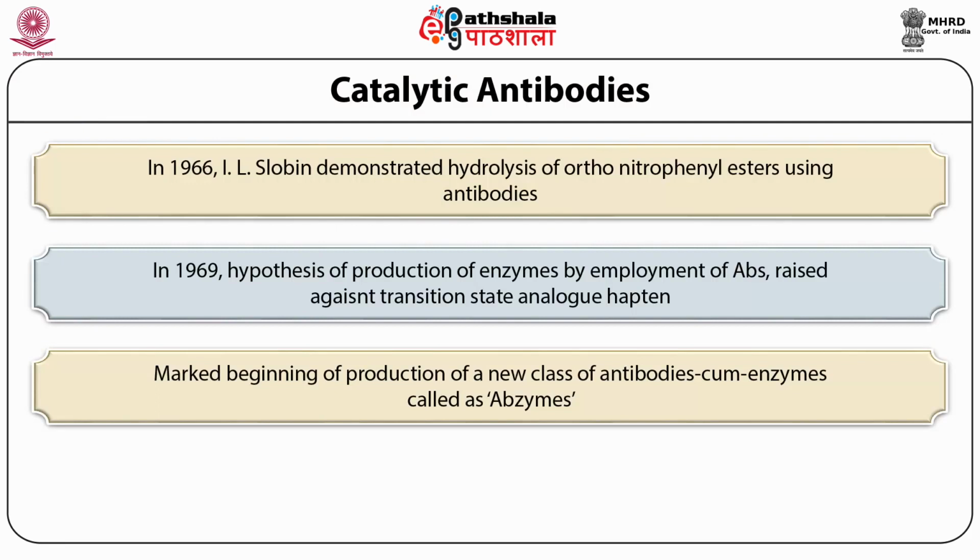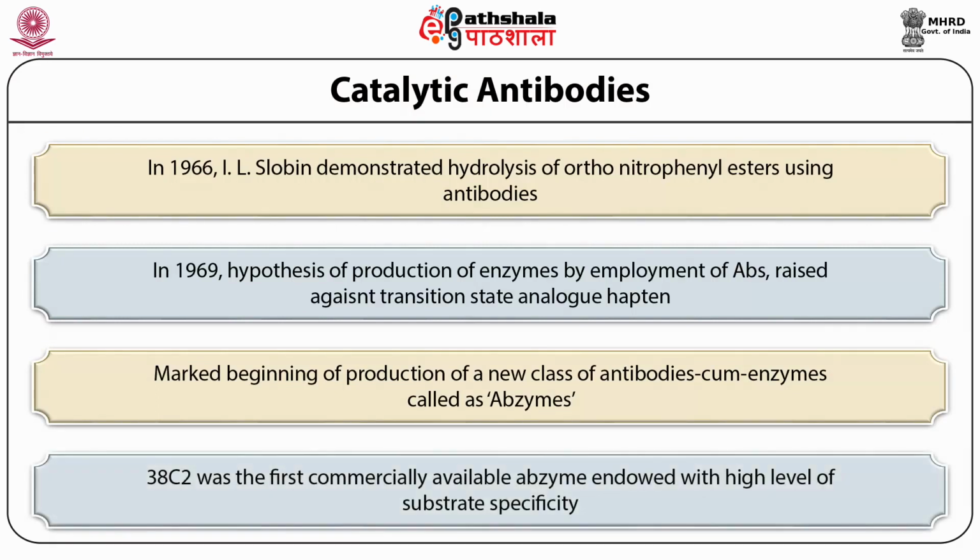So now, for example, 32C2 was the first commercially available abzyme which was endowed with a high level of substrate specificity, and subsequently we now have a myriad list of reactions which can be catalyzed using antibodies.